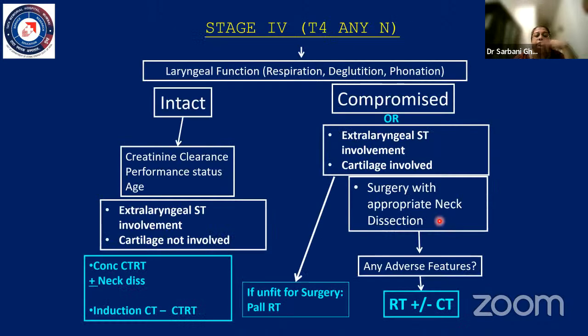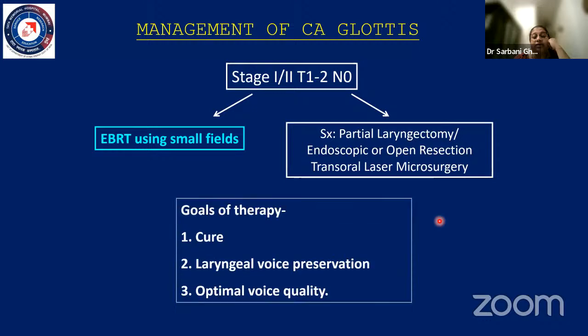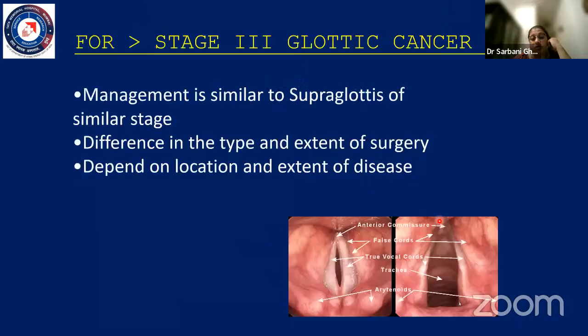And if, of course, the patient is not fit for surgery, palliative radiotherapy or any form of palliation. Now coming to glottic larynx, T1, T2, EBRT using small fields or conservative laryngectomy. The goals of therapy here are, of course, cure, laryngeal voice preservation, optimal voice quality.